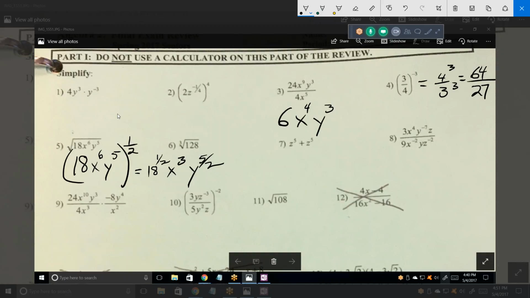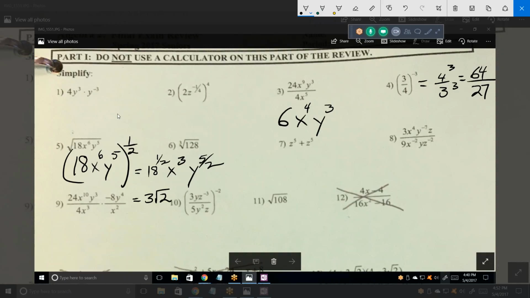What's the square root of 18? Well, as I said, that's the square root of 9 times the square root of 2. Square root of 9 is 3, and square root of 2 is what's left over. Now, I'm putting it back into radical format because most teachers, if they give you the problem in radical format, want the answer in radical format.